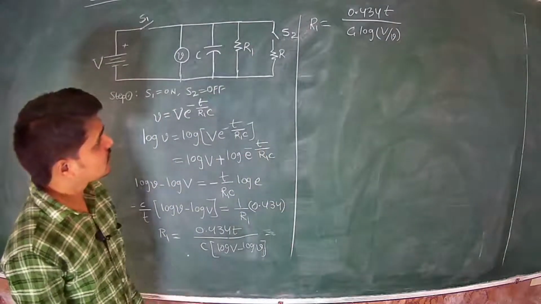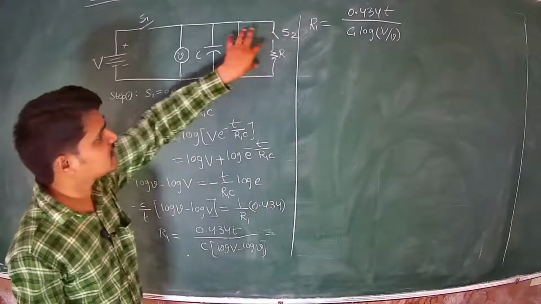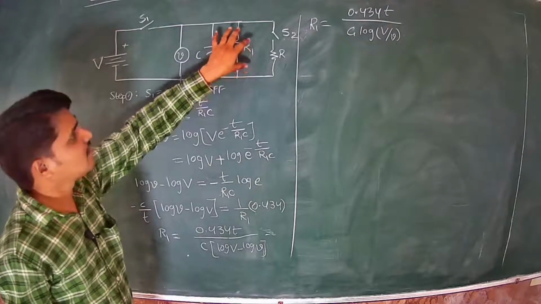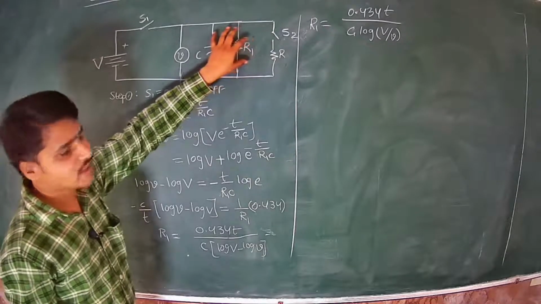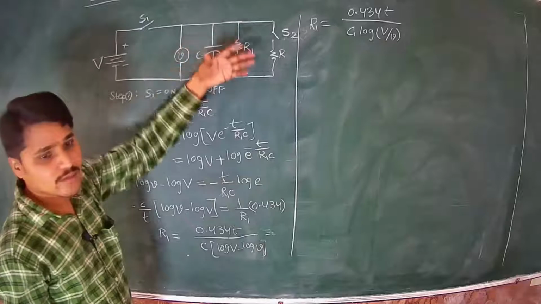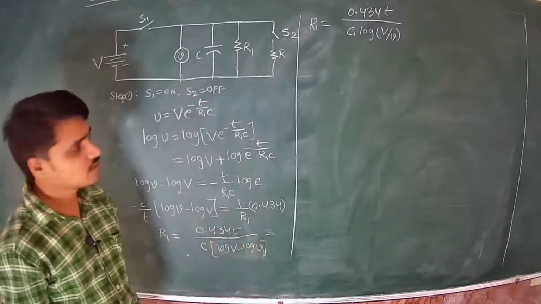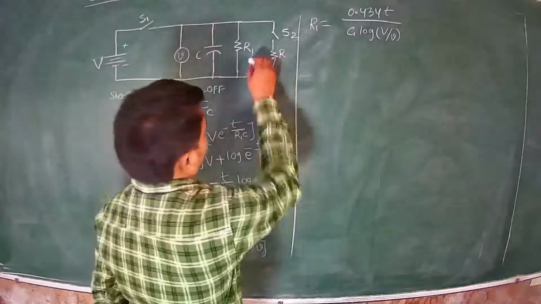Now this is the high resistance to measure, but this resistance represents the leakage of this capacitor, the resistance existing in the capacitor whenever it is subjected to high voltages. So R1 is found.